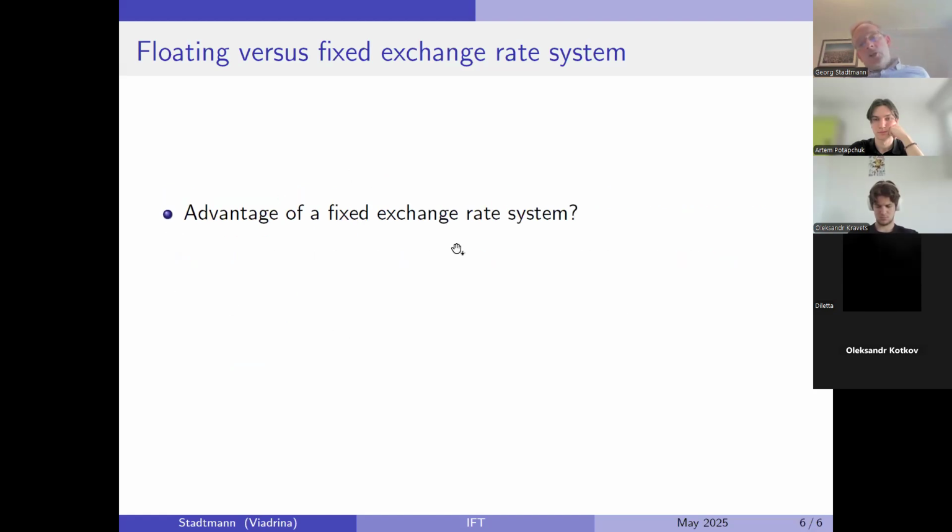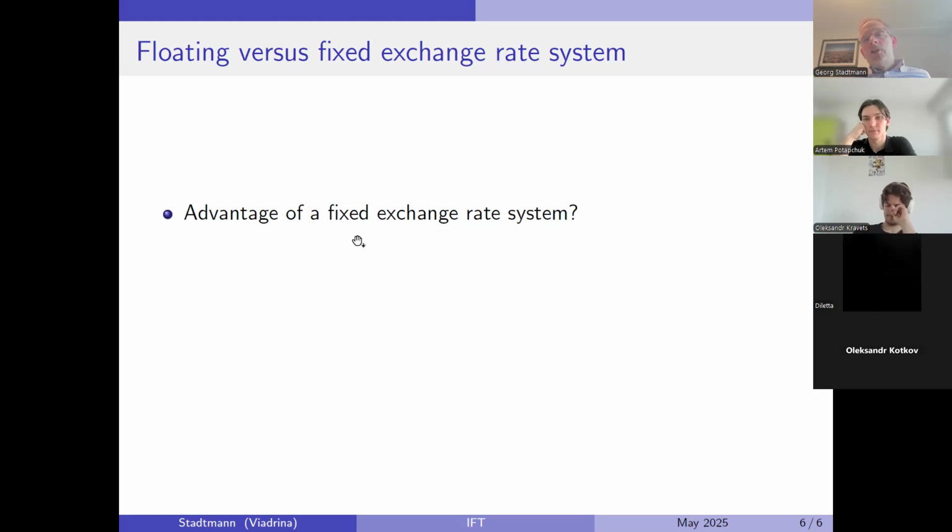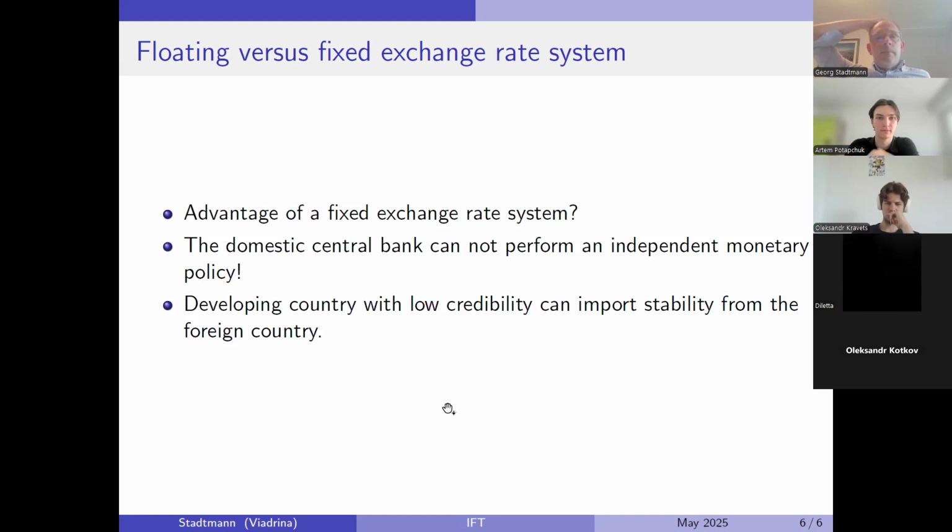What can be the advantage of a fixed exchange rate system? When we look at the previous slide, we get the impression that a fixed exchange rate system comes with some disadvantages, or that a floating exchange rate system has this buffer function, so maybe a floating exchange rate system is advantageous. But what are the advantages of a fixed exchange rate system? The domestic central bank cannot perform an independent monetary policy.